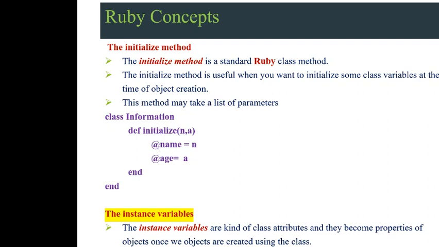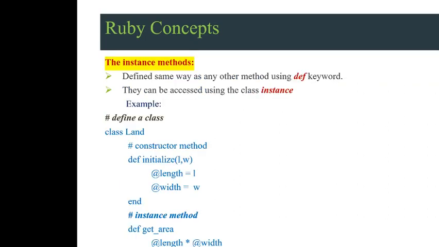They are more like class properties and become the properties of the objects once we create the objects using the class definition. The main thing is they are defined with the at operator. That's how you can tell it's an instance variable rather than a global variable or whatever. That's the difference. And for this class, these are called instance variables, at name and at age.